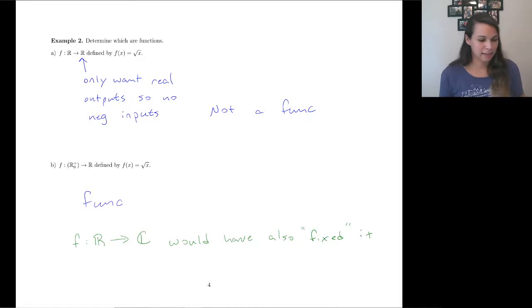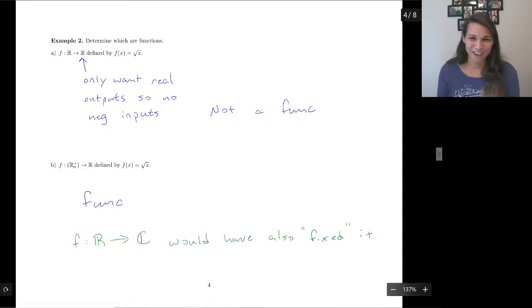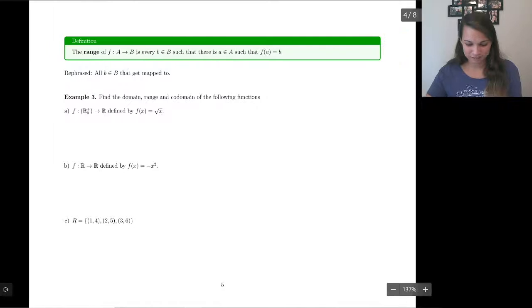So I think at this point, we definitely understand what a function is. But notice that in a lot of these examples, we did not map to the whole codomain. For instance, this one, we did not map to all of R. We only mapped to the positive part of R and 0. So of course, we have a name for that.